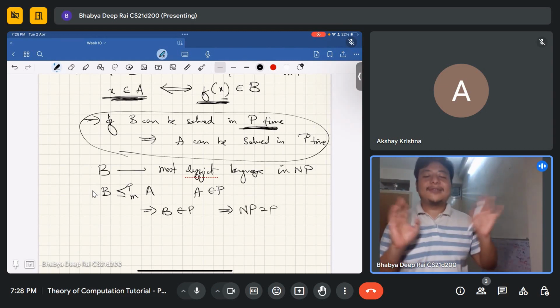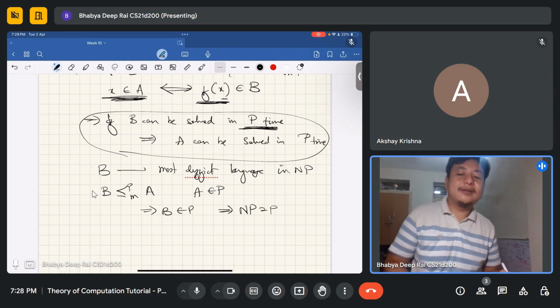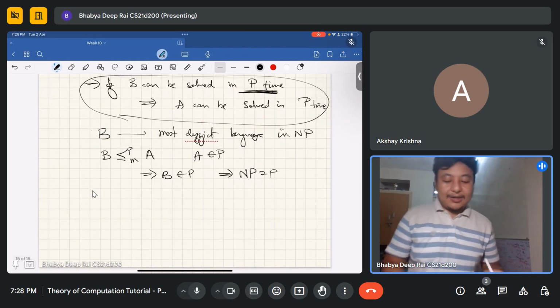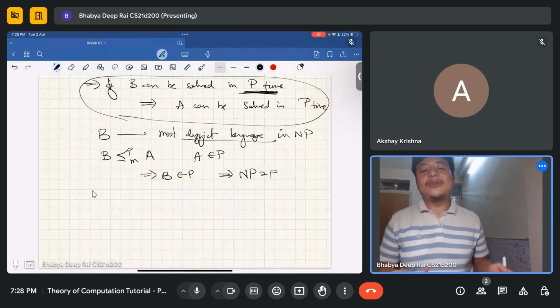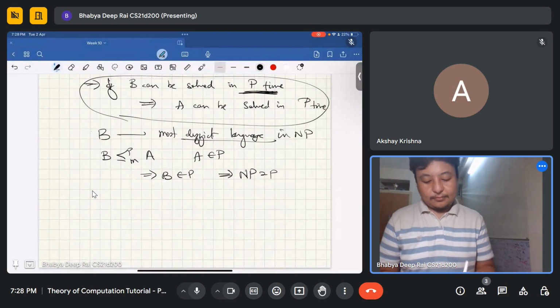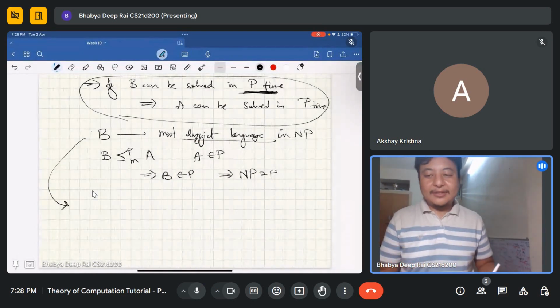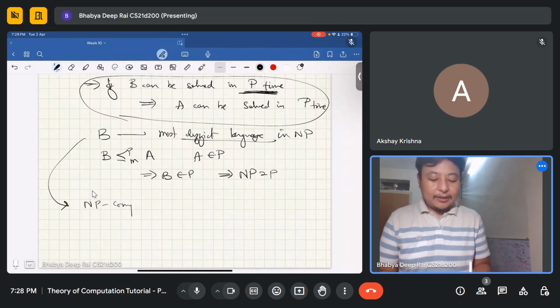I mean, it's kind of hand wavy, but this is the idea. So what are the most difficult languages in NP? That is the question. These are what are called NP complete languages.